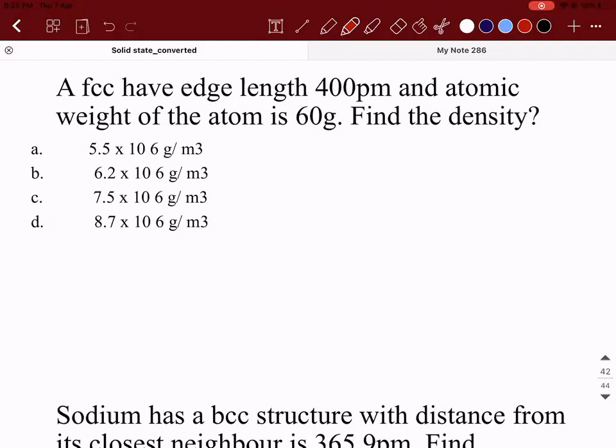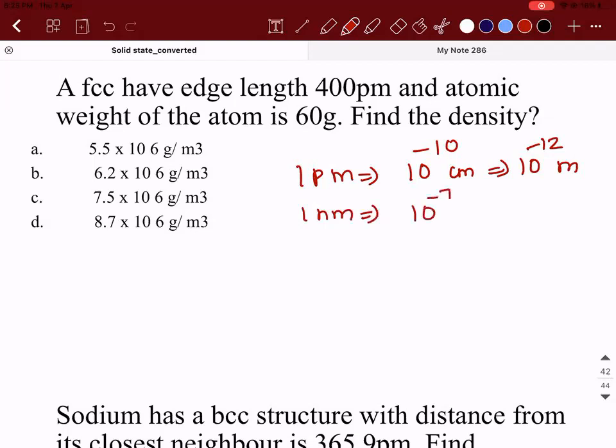Convert into meter. 1 picometer is equal to 10 to the power minus 12 meter. These are all the things you will study in your mole concept. If you want to convert picometer into centimeter, you need to multiply by 10 to the power minus 10.